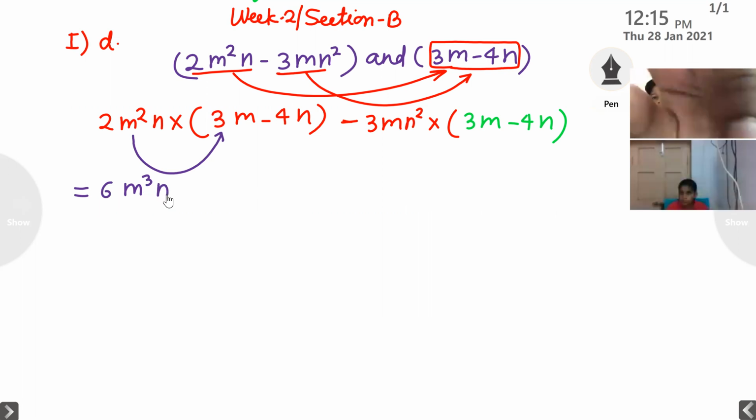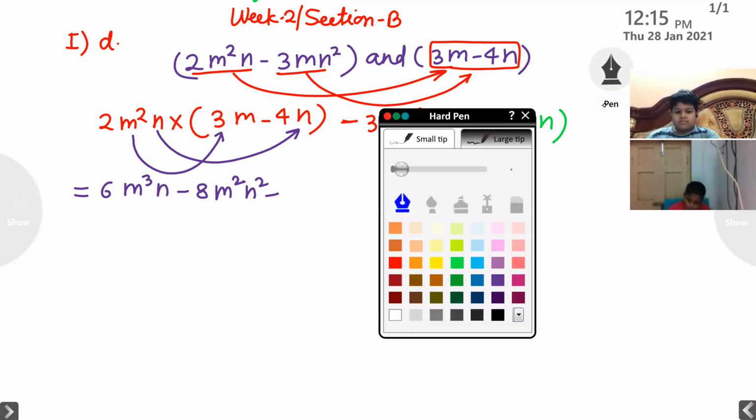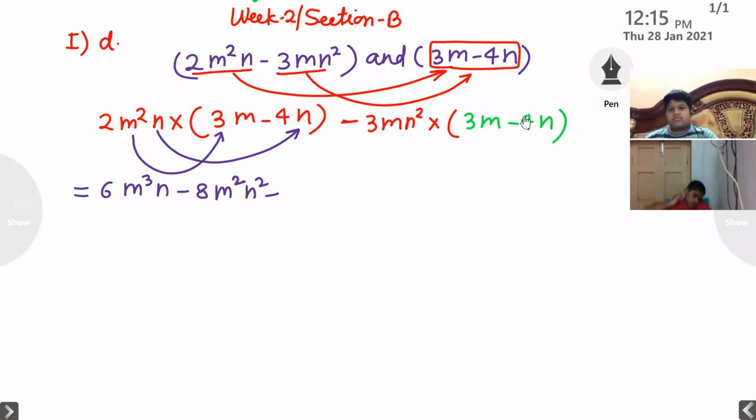Now second multiplication I am going to do. 2 fours are minus 8, because minus is there. 2 into minus 4, minus 8. M square is alone. M square I will write as it is. N is 1 here and n is 1. It means n square. Now first term multiplication I have completed. Minus, now second term I am starting. Minus second term. Second term means minus 3mn square into 3m. It means minus 3 threes are 9.